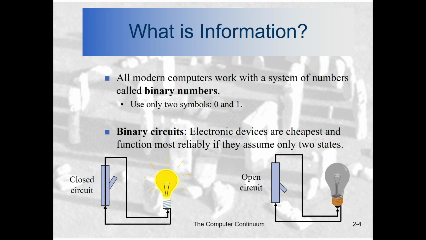How do computers understand binary? Why don't we use any other number system? Why do we use zeros and ones? We could use 1, 2, 3, 4, 5, 6, 7, 9, or so many other numbers. But why do we use binary numbers? We talked about that in the previous lecture.